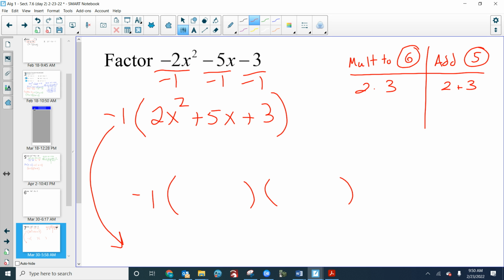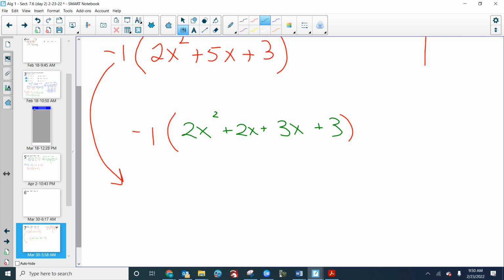All right, 2x squared. What numbers go in here that are going to work out for us? Plus 2x and plus 3x. Still a negative 1.